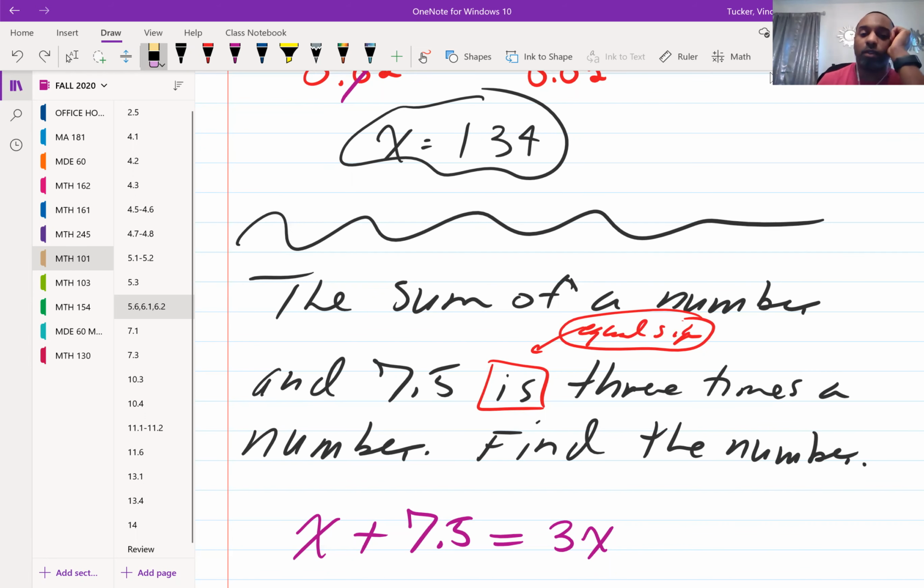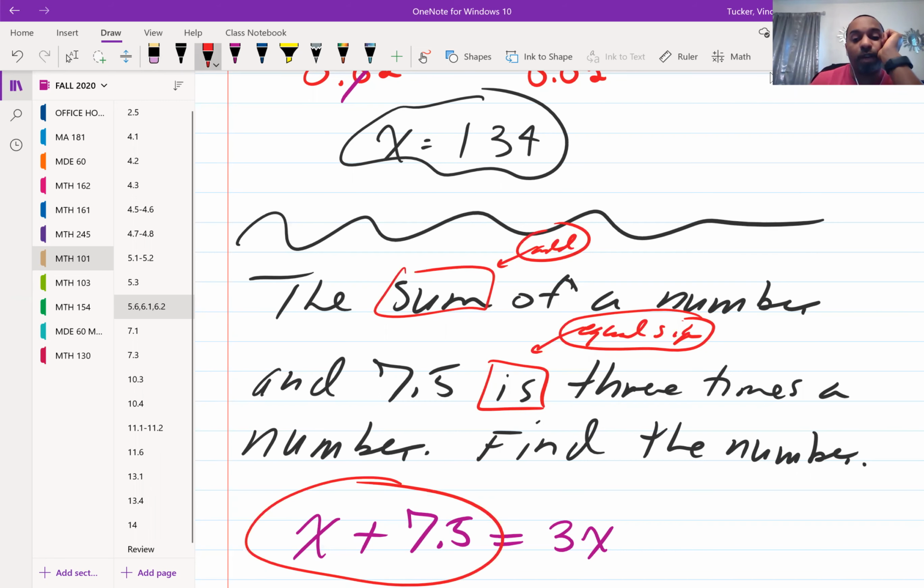To the left of our equal sign, it says the sum of a number and 7.5. Well, sum means add, and a number is our variable, so we're looking at x plus 7.5 to the left of that equal sign. And then to the right, it says 3 times the number, and that's what we have here, 3 times x.